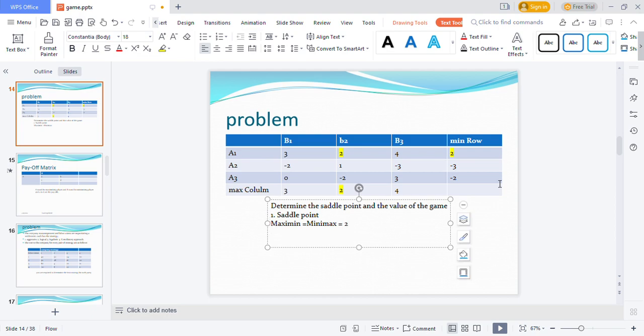Number two, determine the value of the game. First, the strategy. Which strategy is employed here?